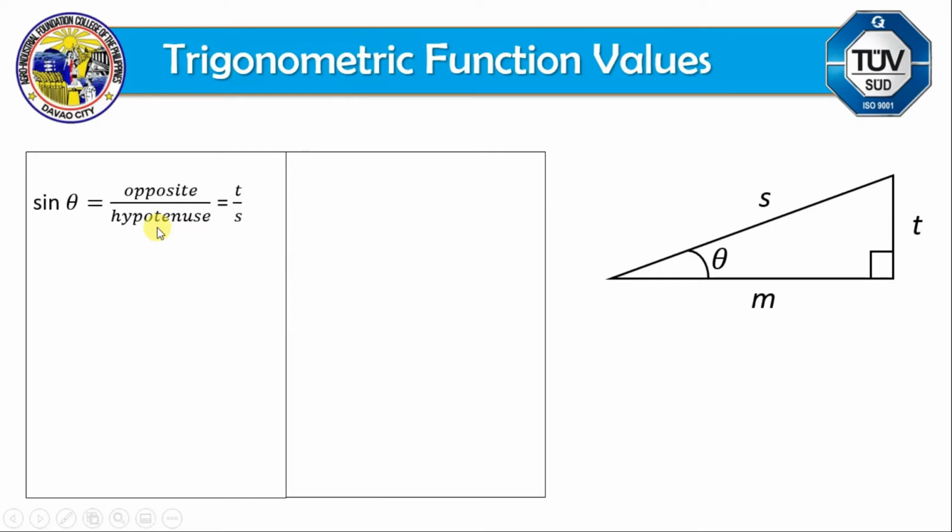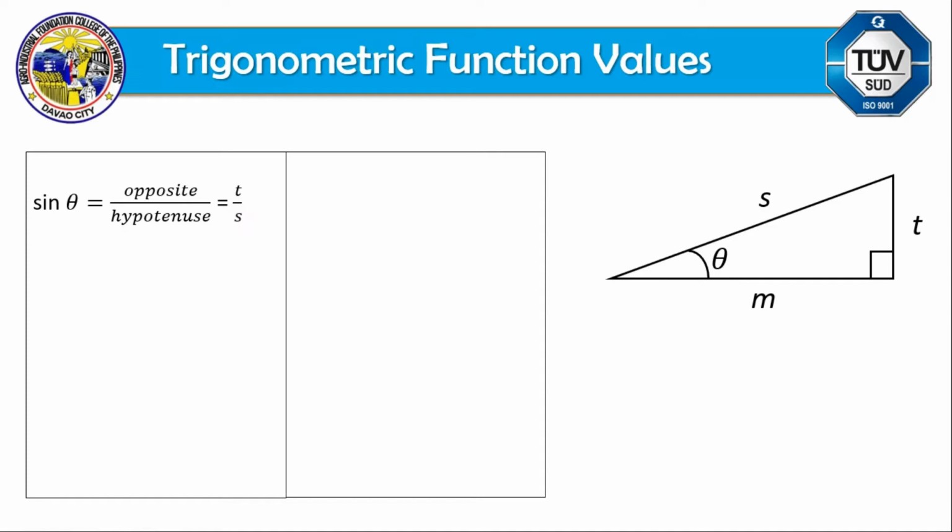So in this case, our given angle is theta. Okay? So the opposite side to angle theta, yung atbang or katapat na side ni angle theta, is this side t divided by the hypotenuse.